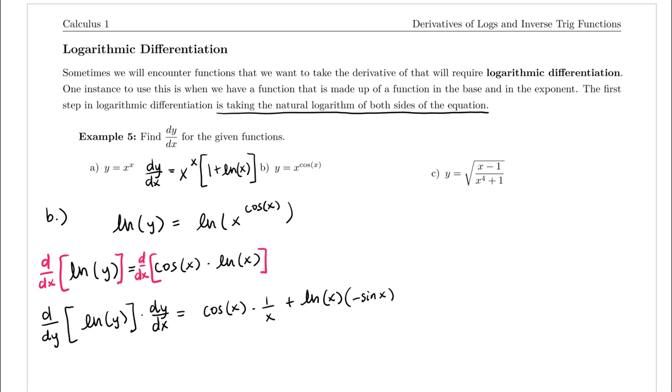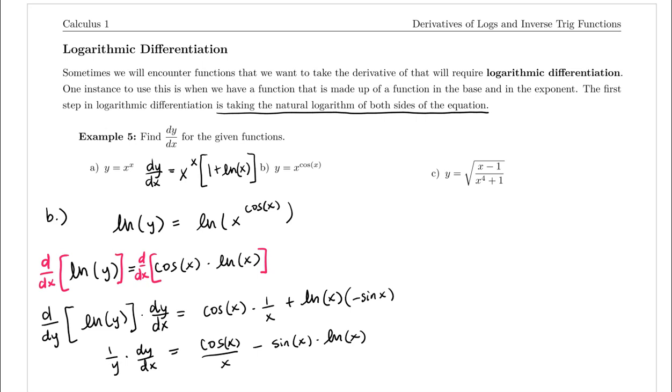And then that's going to be 1 over y times dy/dx equals cosine of x over x plus, I guess because we have that negative, I'm going to change this to minus sine of x times the natural log of x.